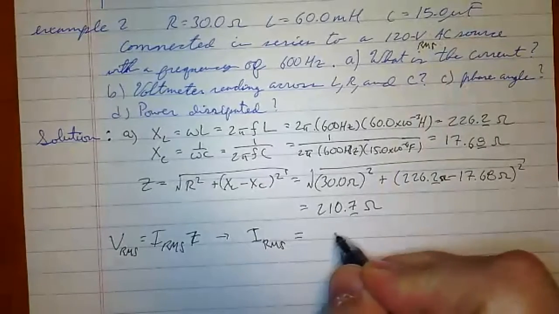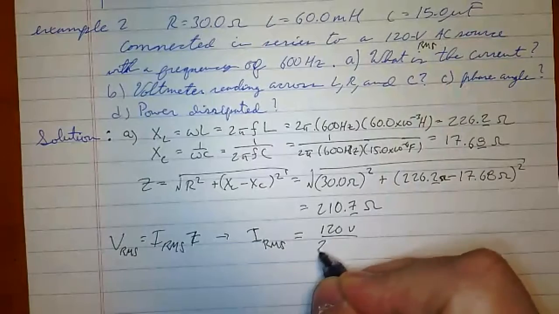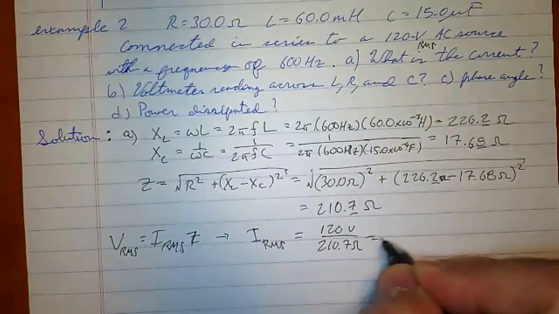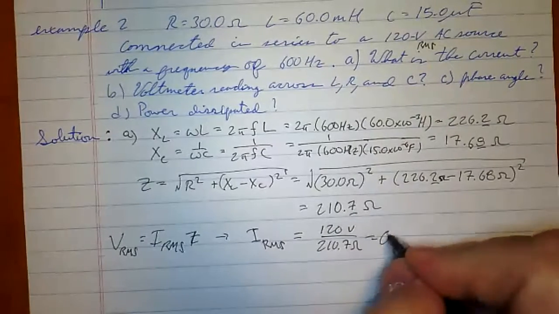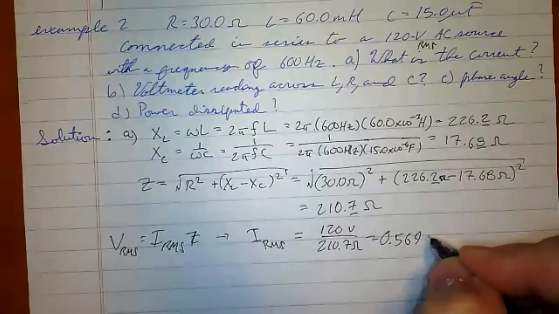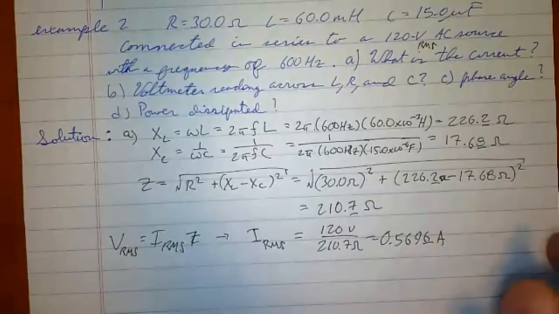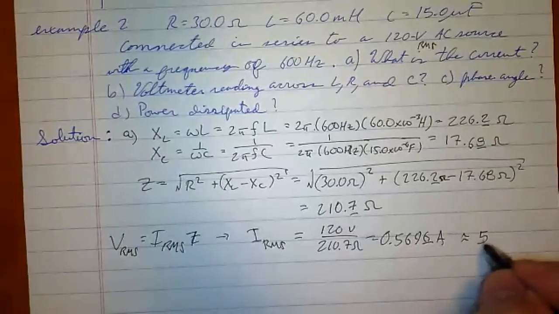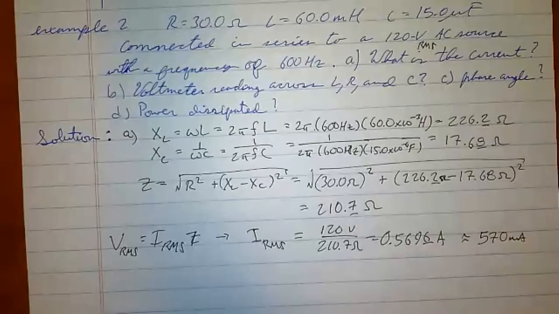So IRMS should be 120 volts divided by 210.7 ohms. So I get 0.5696 amps, or about 570 milliamps is how much current we got going through there.